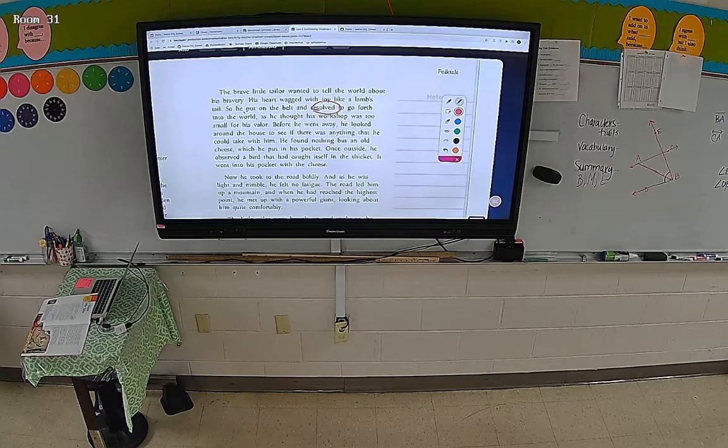So he puts on his belt and he is going to go forth. He thought his workshop is too small. This shop is too small for me. So he's going to, should I stay or should I go?